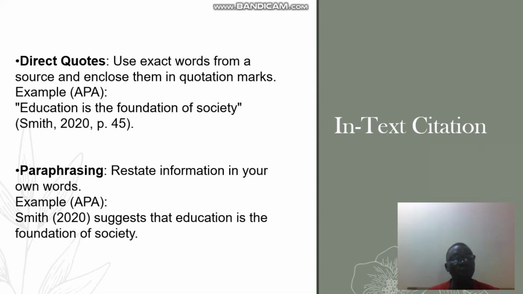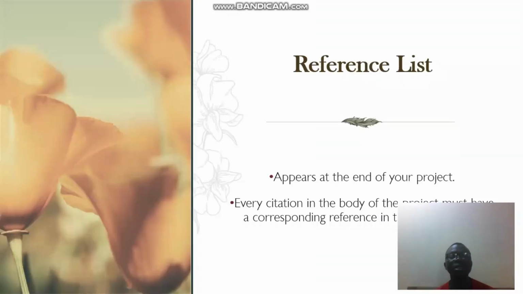But in the second one you see that Smith, then you open the bracket, it is only the 2020 that is in bracket. That is telling you that there is a difference between when you are having your in-text citation for a direct quote, and when you are actually paraphrasing.